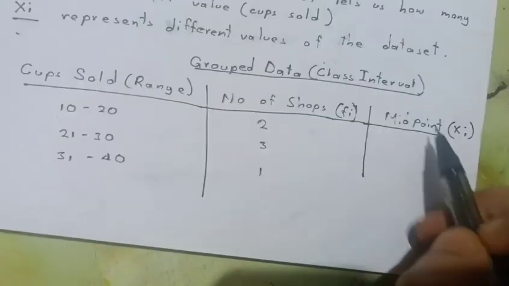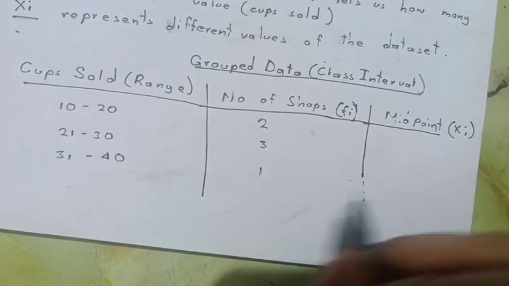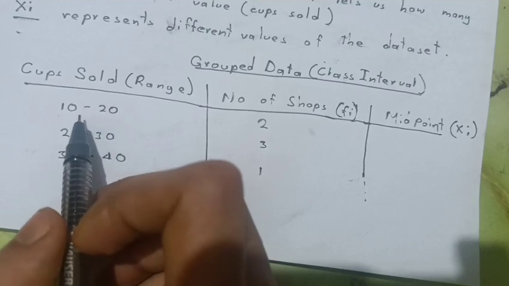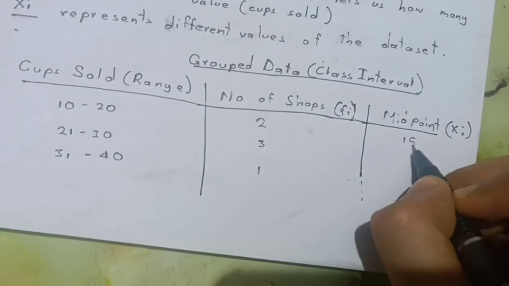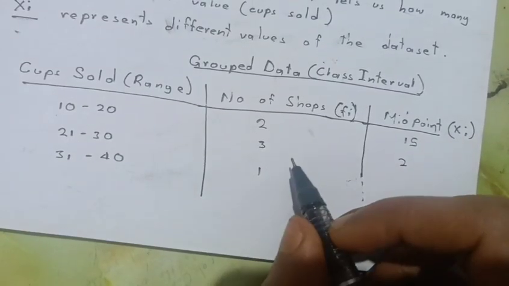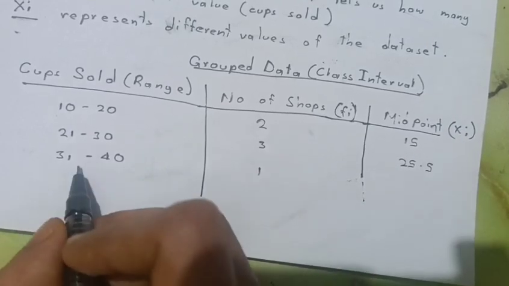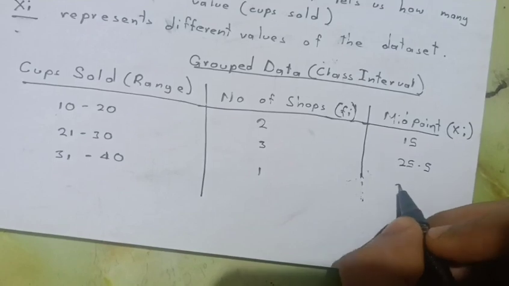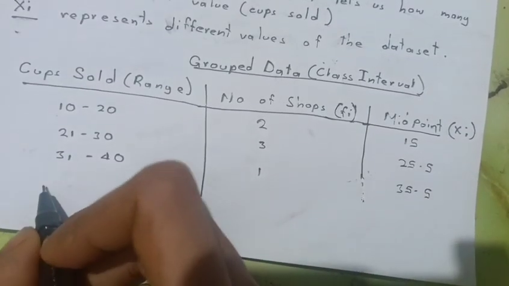Now we will find the midpoint of this group, of this class interval. 10 to 20 midpoint is 15. 21 to 30 we have midpoint 25.5. Then 31 to 40 we have midpoint 35.5.